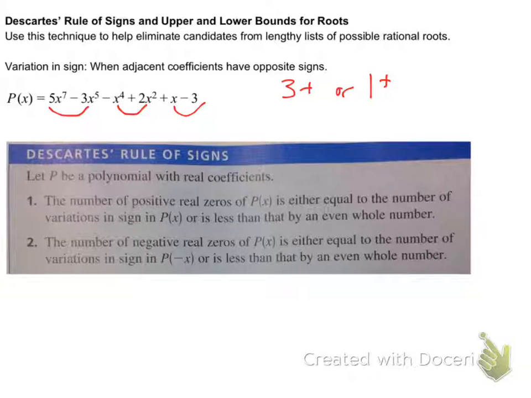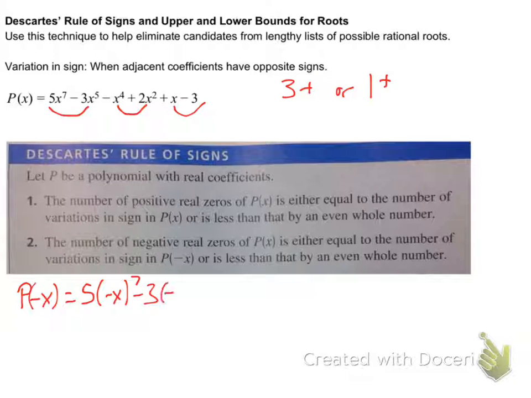And the cool thing is, guys, this works for the negatives as well. But for the negatives, you need to change it a little bit. You need to change it by plugging in a negative x and evaluating. So to do that, you need to do P of negative x. This one takes a little bit of finesse, a little bit of thinking.